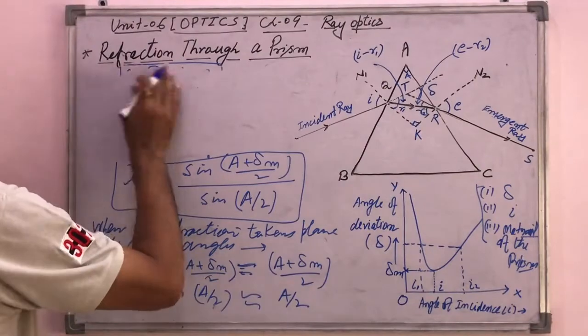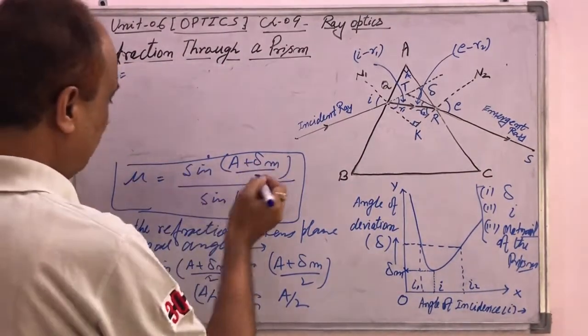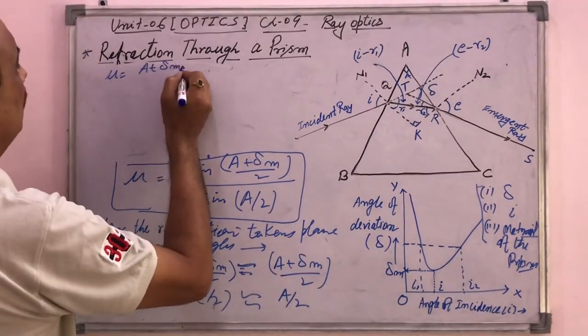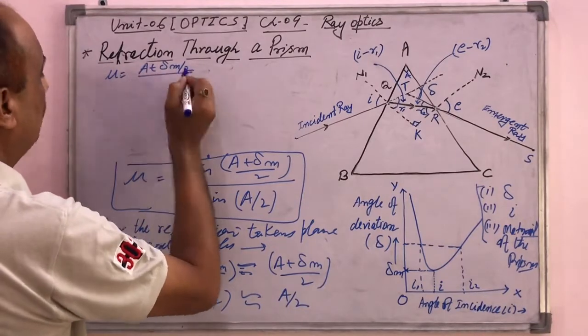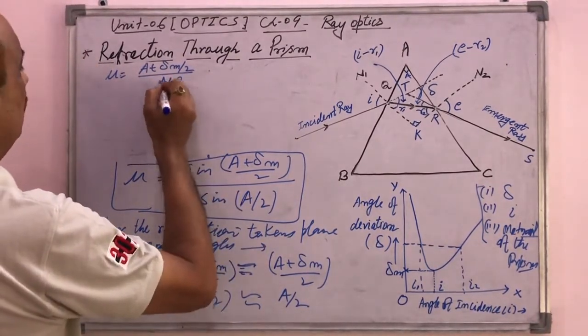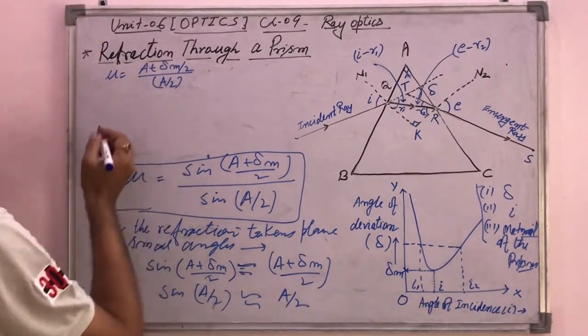So mu will be equal to sin of (A plus delta m) by 2, which can simply be written as (A plus delta m) by 2 divided by sin A by 2, which means only A by 2. So now simplify the relation.